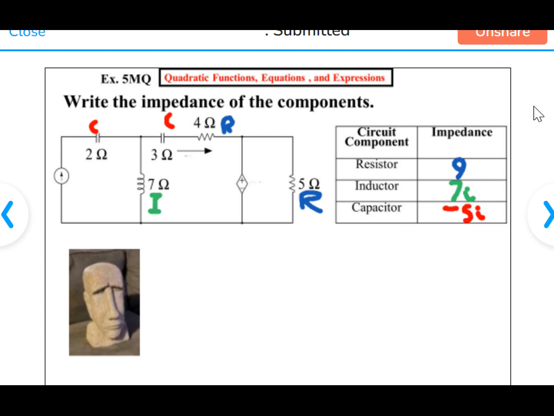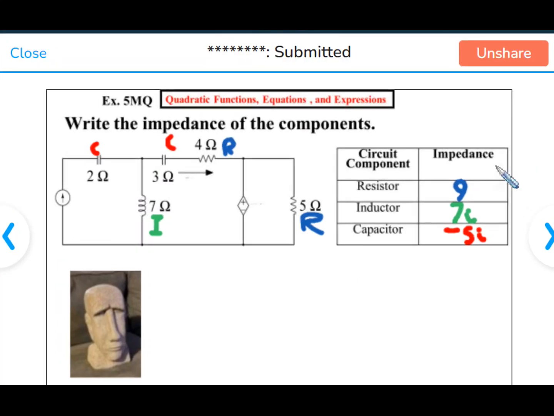All right, tell your neighbor how they got that answer, please, for each one of those. Talk it over to your neighbor. How did they get those numbers, please? Yeah, so basically, if you notice the resistor, there were two of them, 4 ohm and 5 ohm, and all they did, they combined them to give us 9.